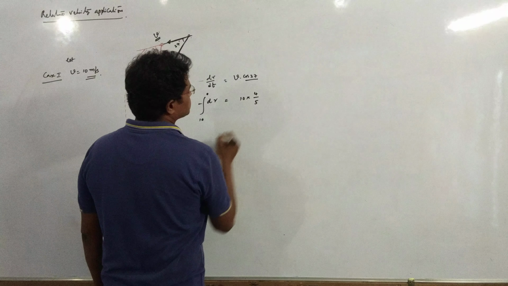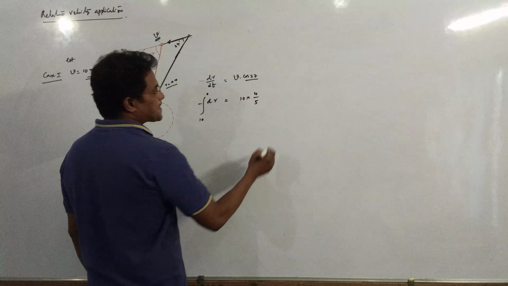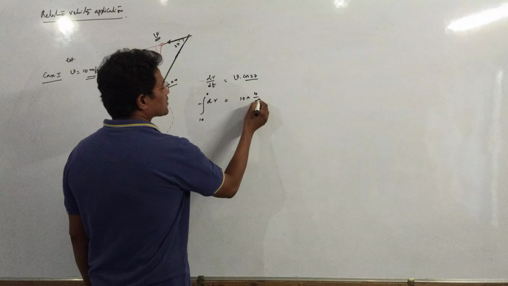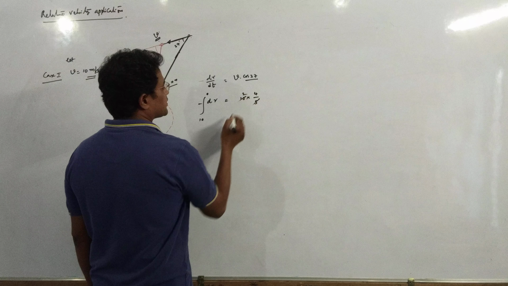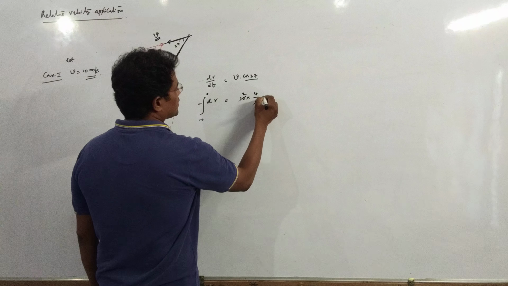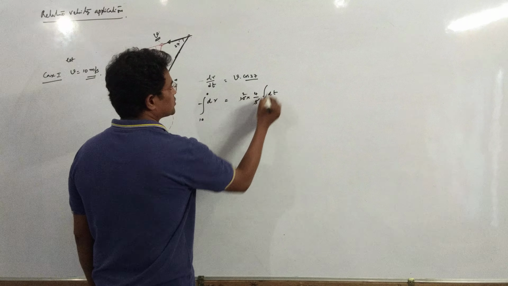The cos 37 value is 4 by 5. Now here this is 8, into dt, integrated from 0 to t time interval.